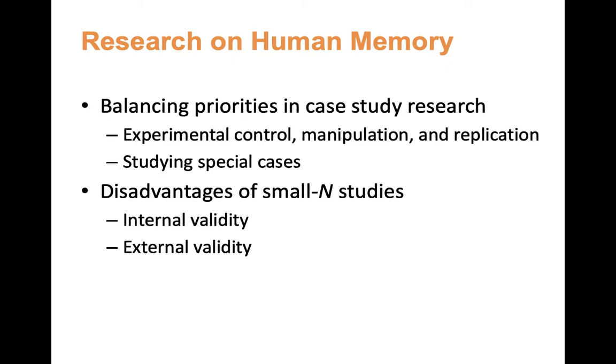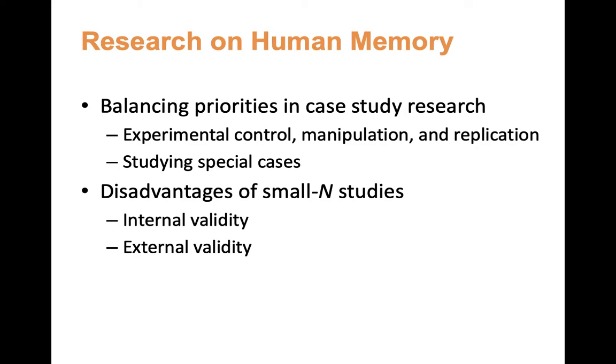So that actually segues to this point, that when we're evaluating these results, we should keep in mind that some amount of experimental control was present. And this is the case not only for HM, but in these case studies, they do still provide an opportunity for researchers and experimenters to have experimental control.